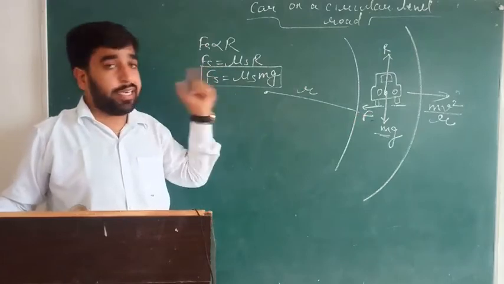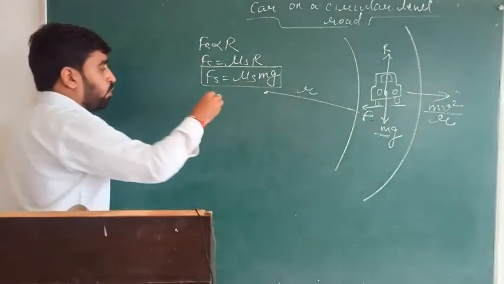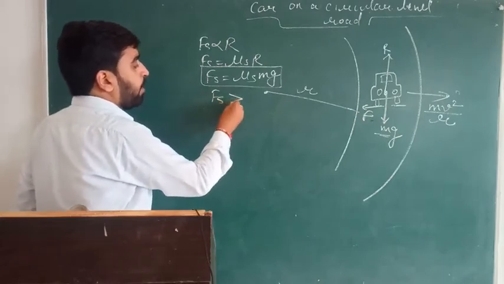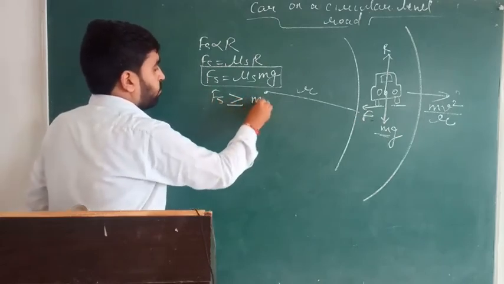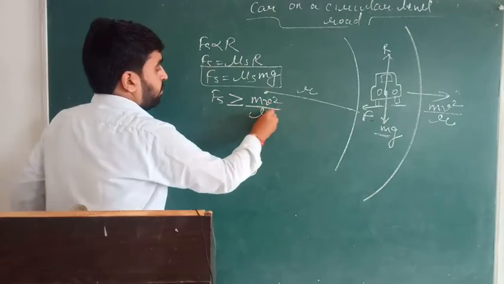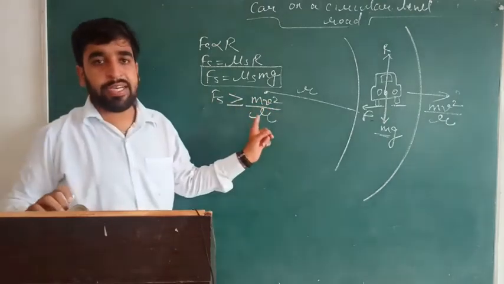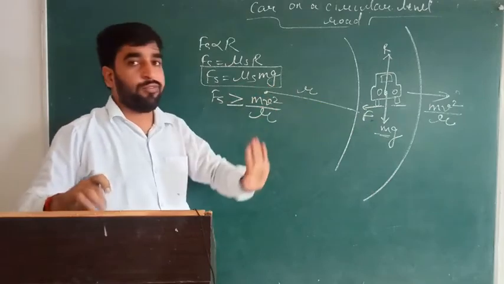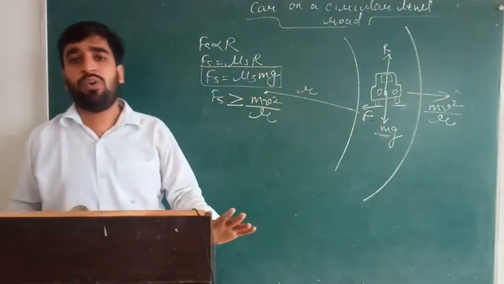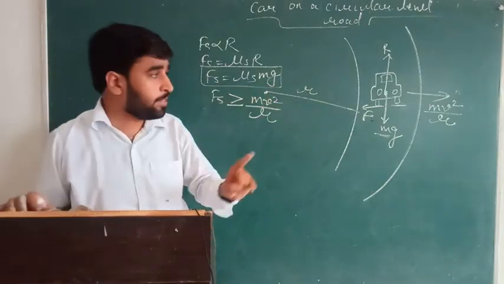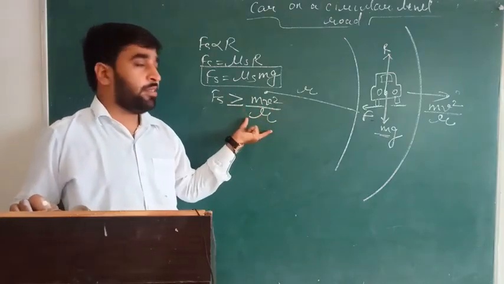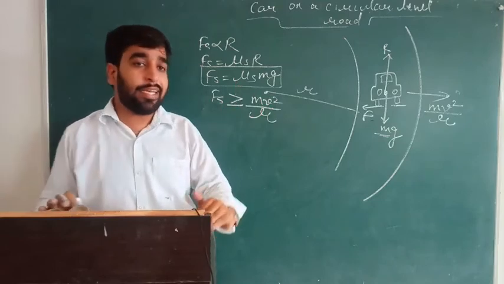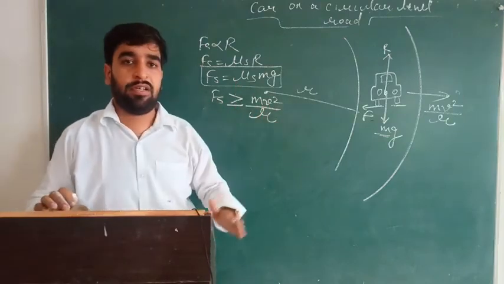Now what is the condition? You will always wish that your friction is greater than or equal to mv square upon R. Friction is saving us, so friction should be greater than or equal to the centrifugal force. In any case, this friction should not be less than the centrifugal force. So here friction is working as our friend.